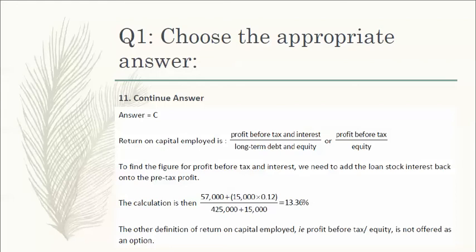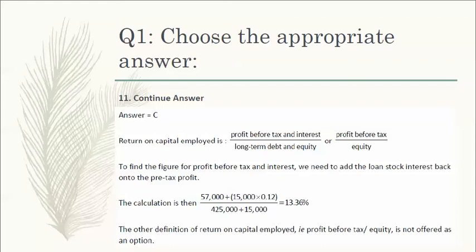And we already have the profit before tax, but we need to find the figure for profit before tax and interest. We need to add the loan stock interest back onto the pre-tax profit.